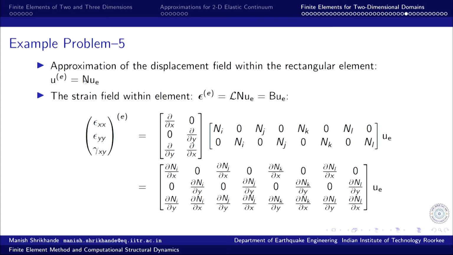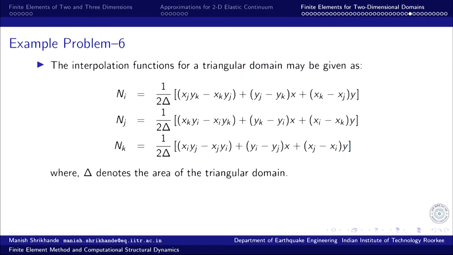Of course, this expression of the interpolation function will be different in the case of a rectangle and the triangular element. So, for a triangular domain, the interpolation functions can again be given in terms of nodal coordinates, as we had seen during our discussion of the triangular family.